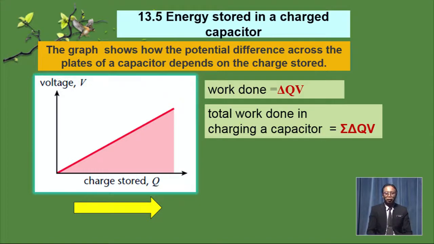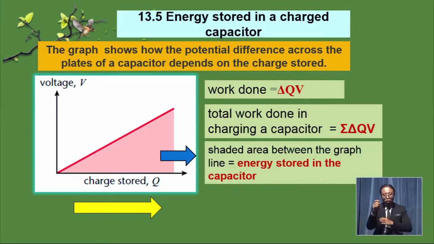Hence, the shaded area below the graph represents the energy stored in the capacitor. Therefore, the energy stored in a capacitor can be calculated from a graph of charge against potential difference by calculating the area below the graph.